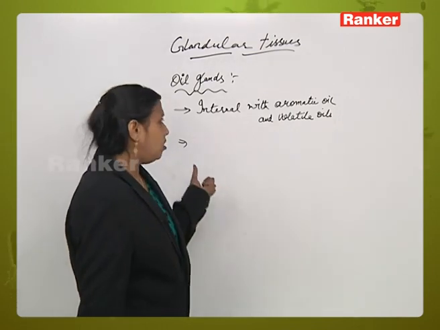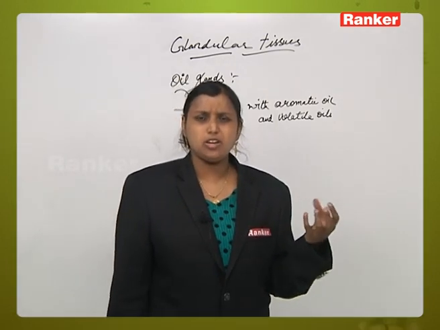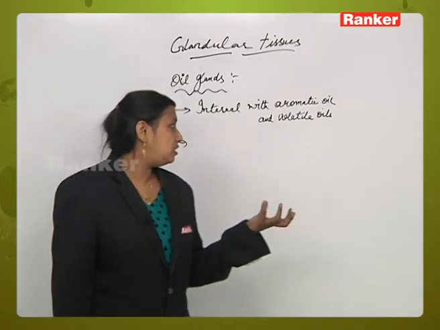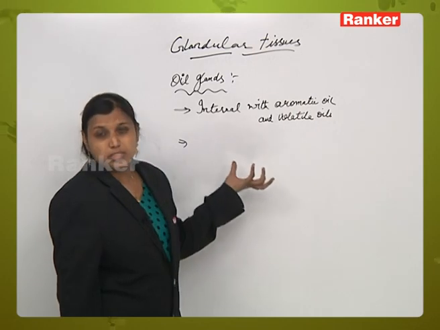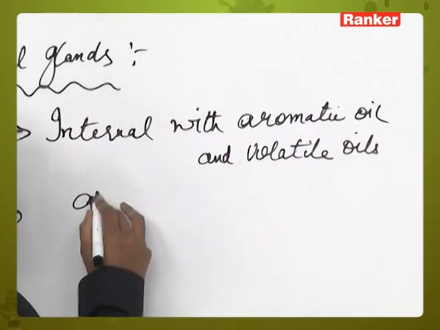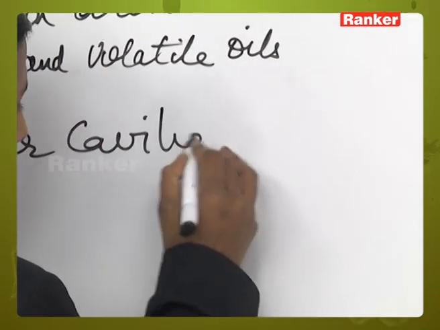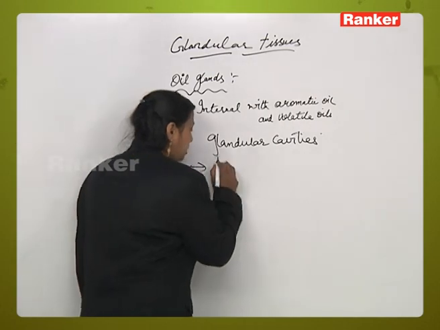Those are called oil glands. After the degeneration of the broken cells, these oil glands store the substances in glandular cavities. These cavities are lysigenous in nature.